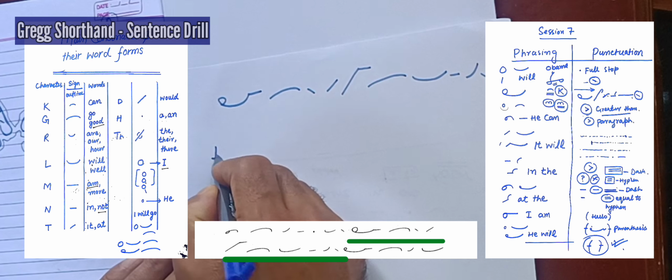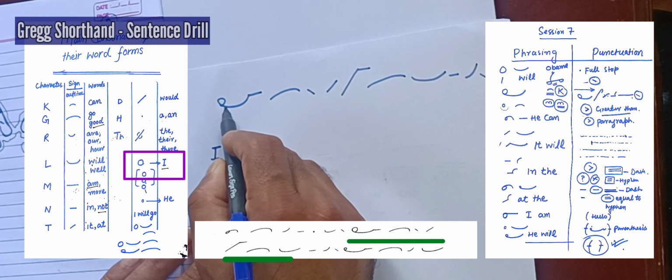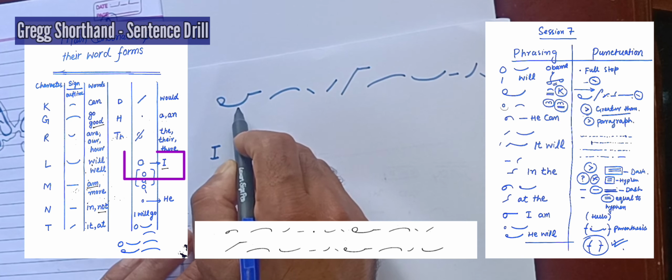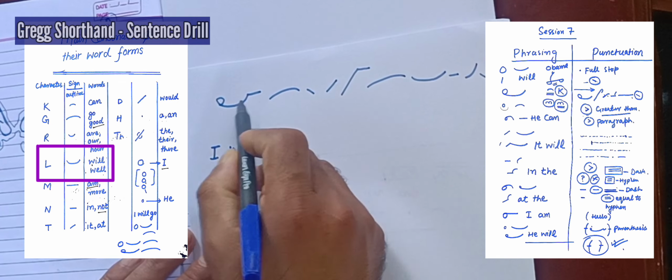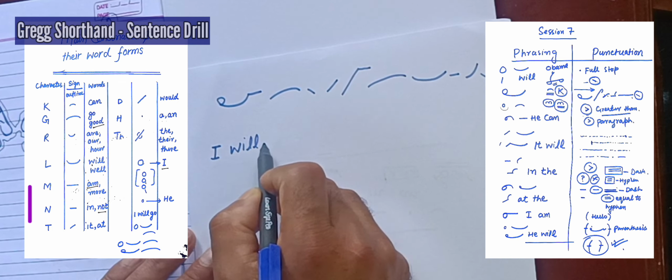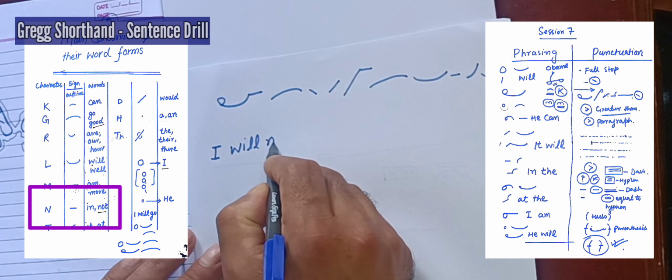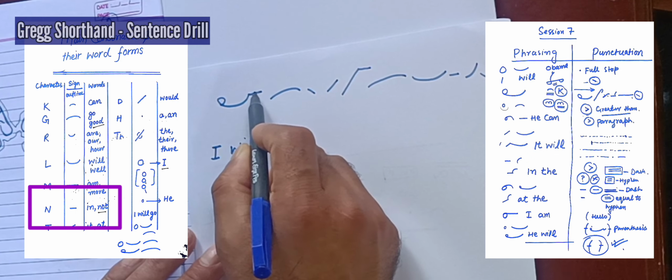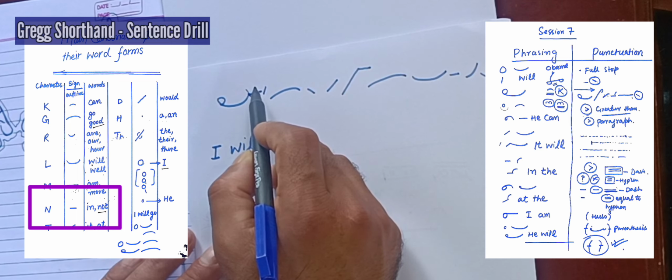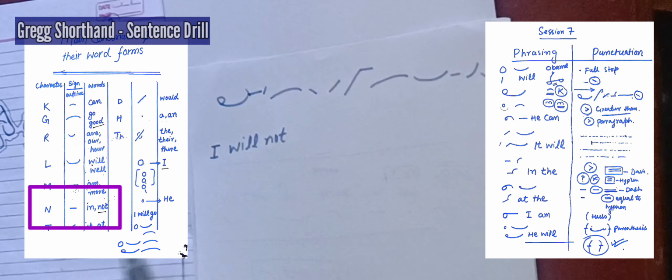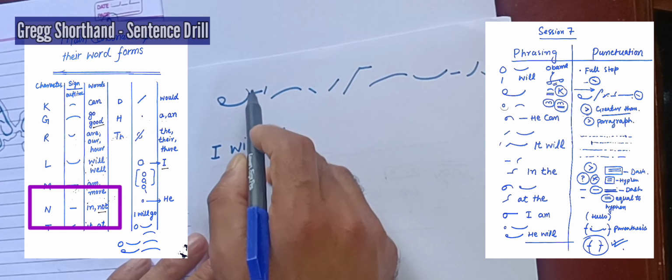So this is always I. Then what is this? This is either will or well. I will. Then we have in or not. I will in, no, I will not. Because this is what? This is N, and N consonant has two word forms, either in or not.